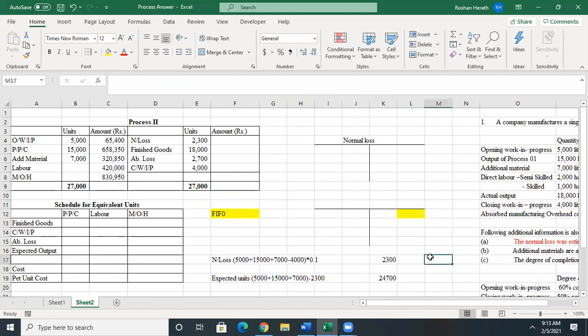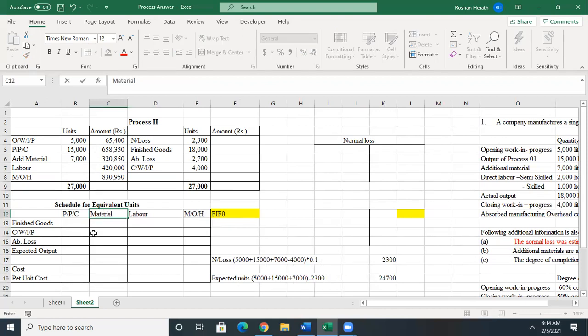Now we are coming to the most important point. It's about the schedule for equivalent units. The only thing is that I told you that you need another column because the material is also there. Here I told you one important thing. What is that? When it comes to this output, you need to make a distinction.